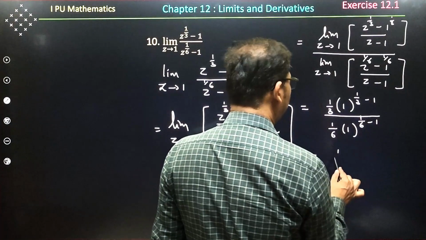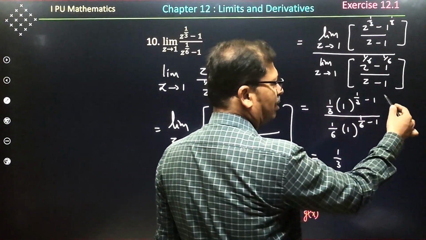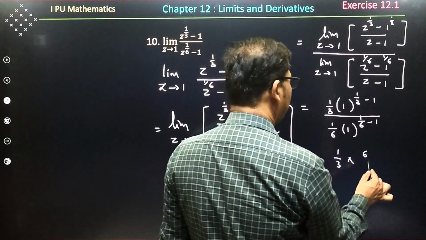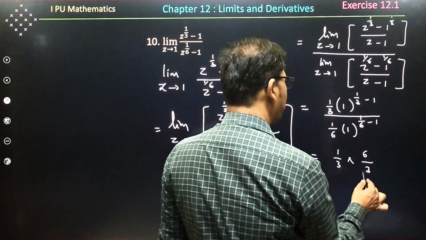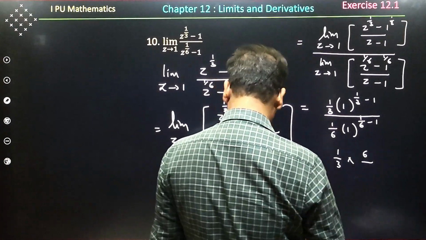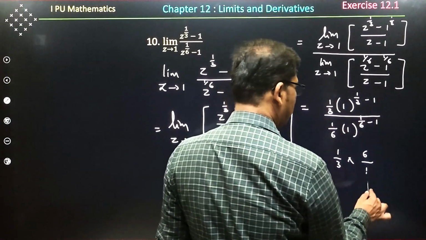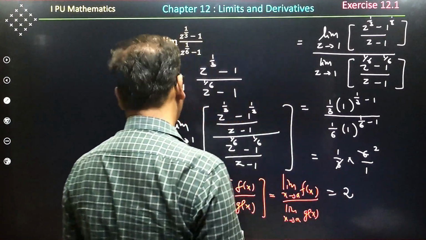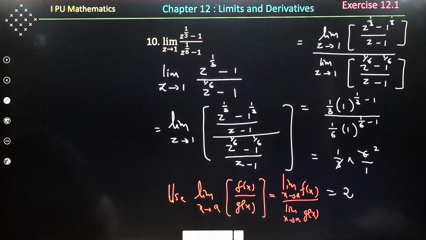So this is 1 by 3, and 1 raised to any fraction leads to 1, so you leave it. 1 by 3 into 6 by 1. 1 by 6 becomes 6 by 1. 3 ones are 3, 3 twos are 6, so the answer is 2. Let me check the answer. The answer is 2. Yes, it is correct.